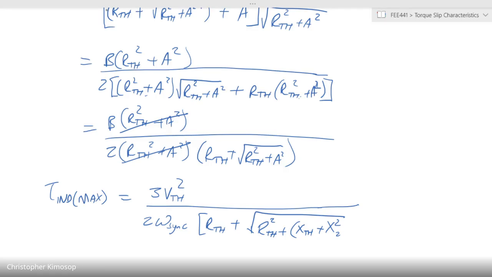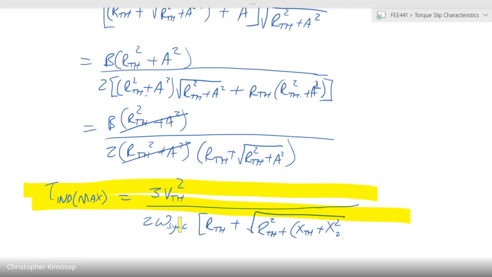However, that is now the value of maximum torque, and we can highlight it accordingly.